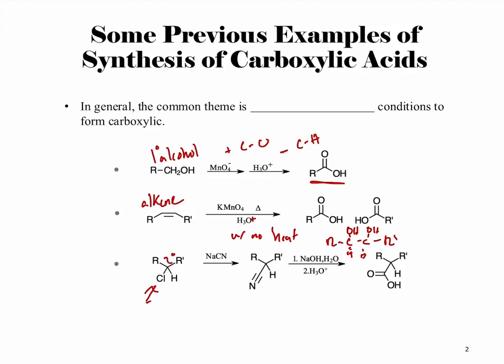Right, so a second degree alkyl group, we replace it with a cyano group, and then from there we can create a carboxylic acid using strong basic conditions, water, and then an acid added in the second step, right? Because the first step is going to create the carboxylate ion, then we add H3O+, and that creates our carboxylic acid, right? As we drop the pH, we're more likely to see the protonated version of the carboxylic acid.